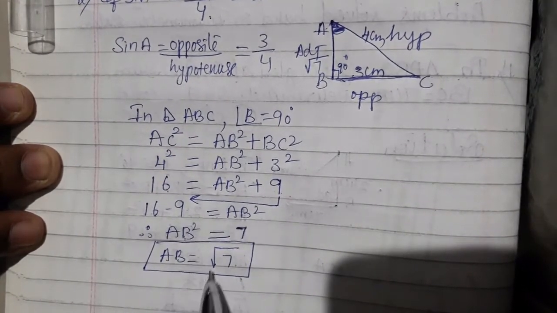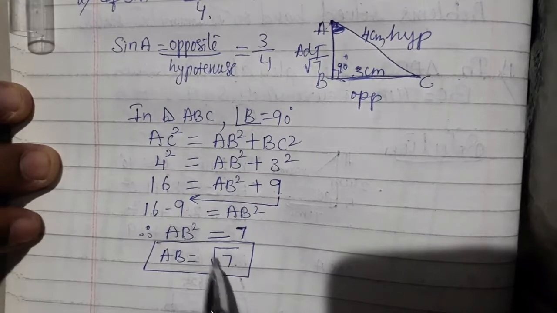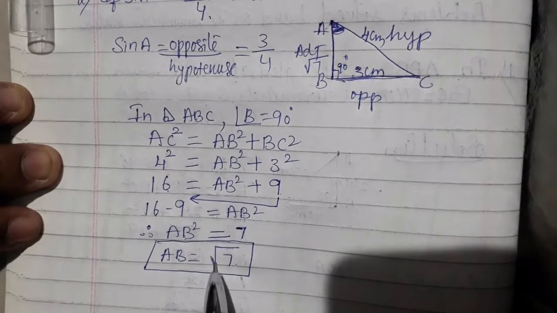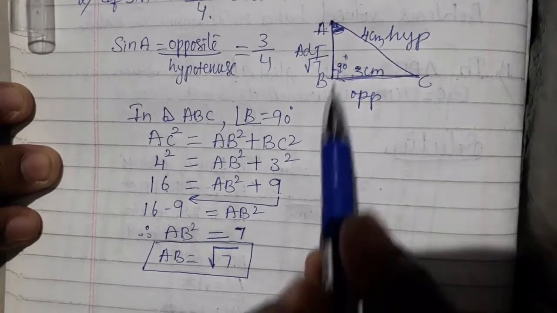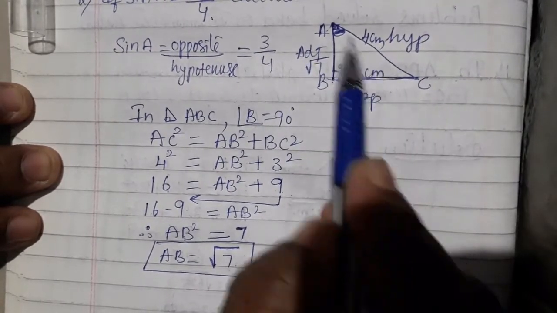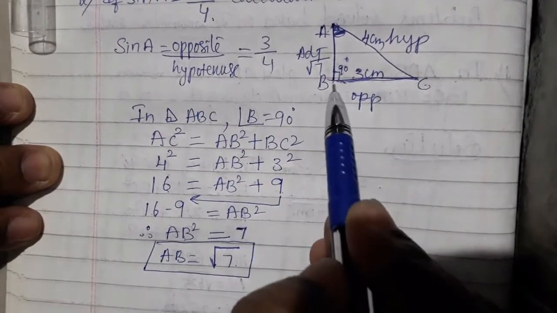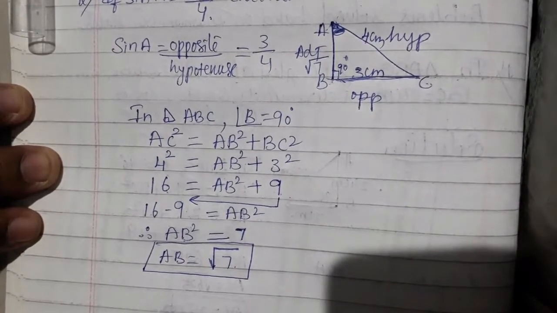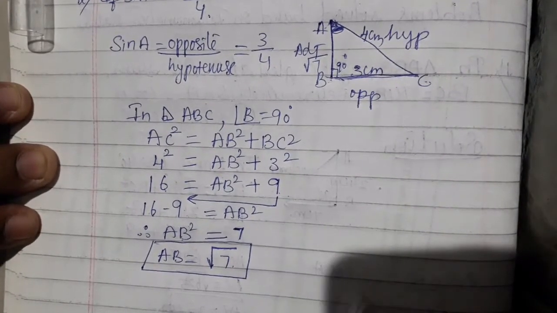If you want AB, you have to take the square root of 7. So AB is equal to root 7. That is how I got AB as root 7. Hypotenuse 4 cm is already given, BC is 3 centimeters. Now, we will find cos A.